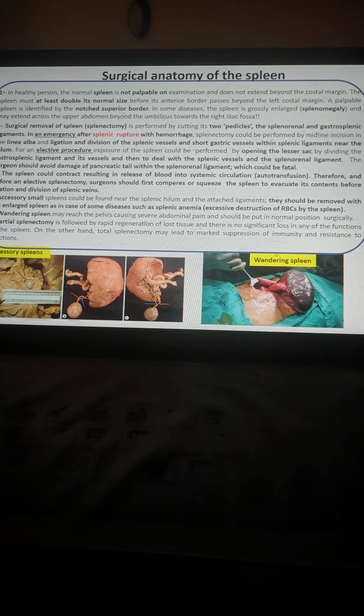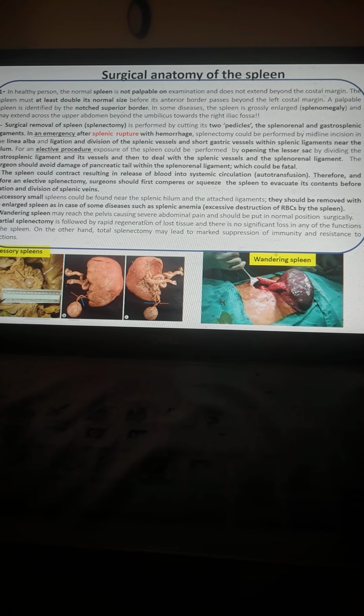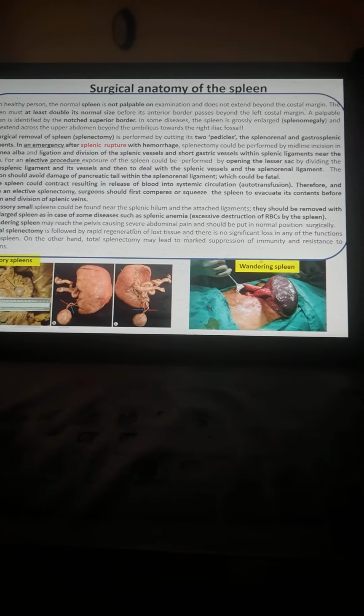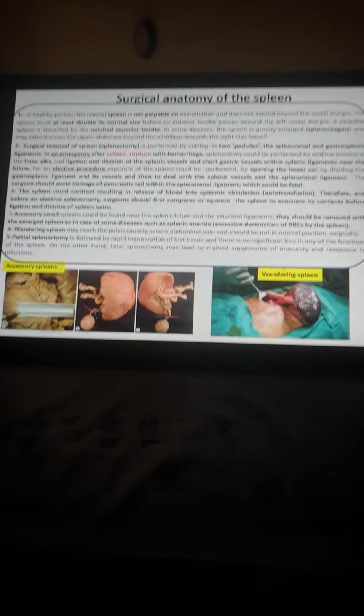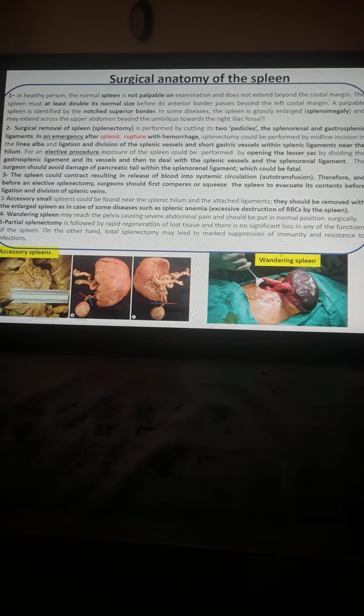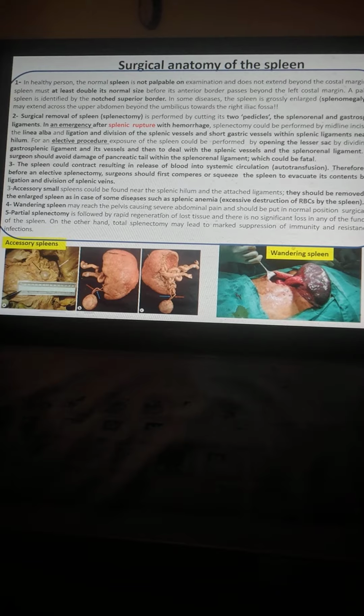Here is the surgical anatomy of the spleen. The most common pathology related to the spleen is splenic rupture due to trauma, which is accompanied by severe internal hemorrhage.